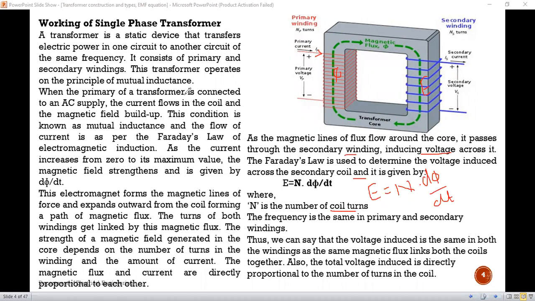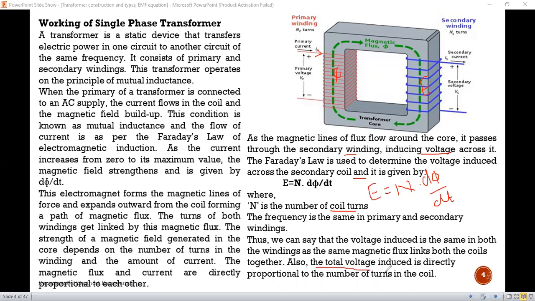So thus we can say that the voltage induced is the same in both the windings, as the same magnetic flux will be linked to both the coils.